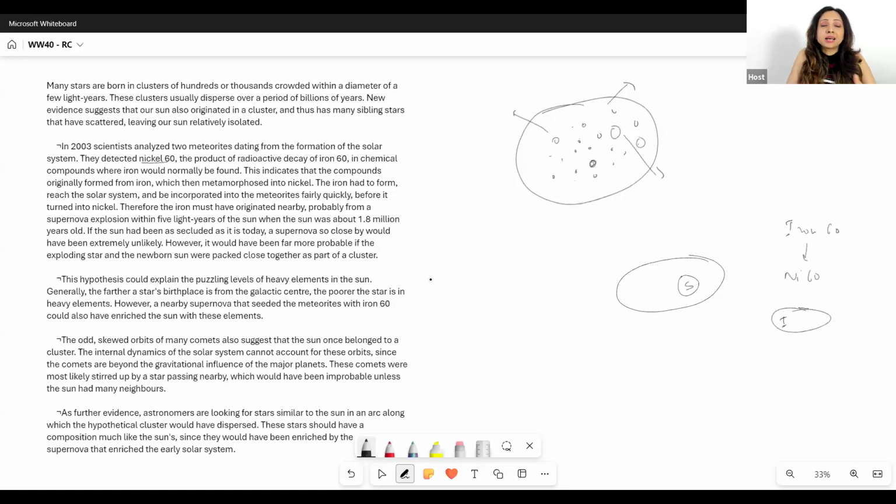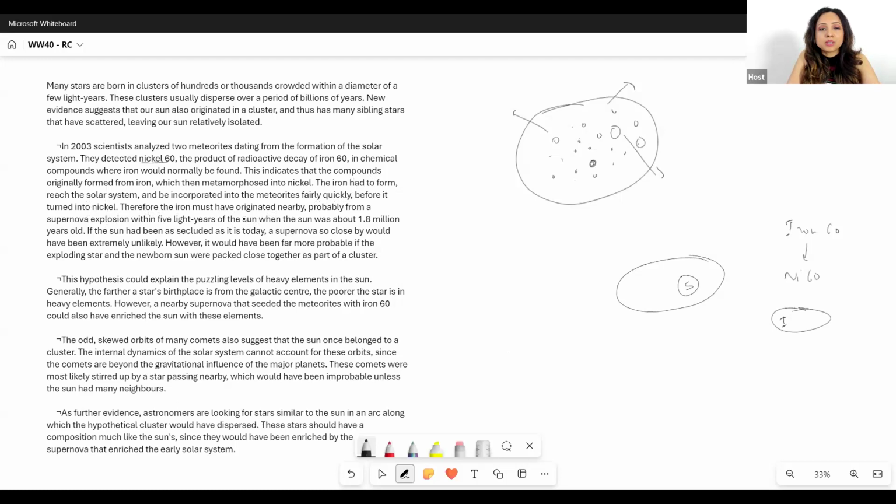So we are given that the iron had to form, reach the solar system, and be incorporated into the meteorites fairly quickly before it turned into nickel. So all of this must have happened in a short span of time, right?